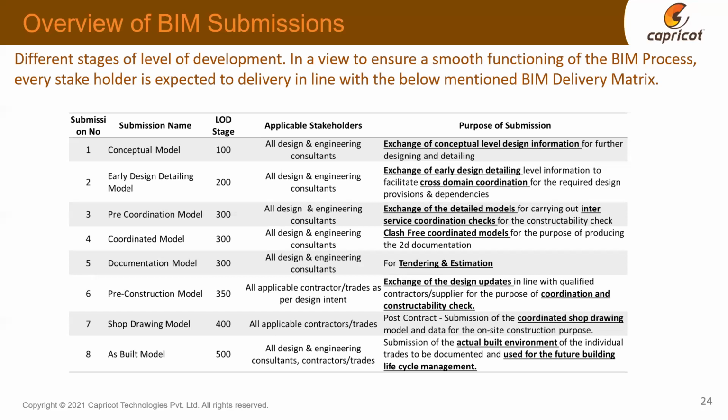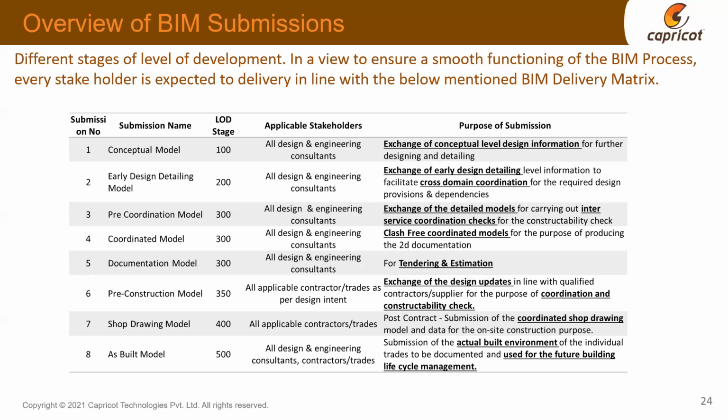But what we see next is the pre-construction stage, which is when the contractor comes into the picture. He does the constructability check. He also sees the same model and does the coordination check at his end as well. This is in LOD 350.